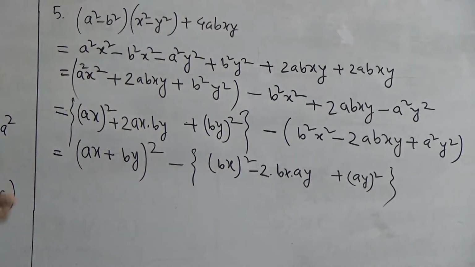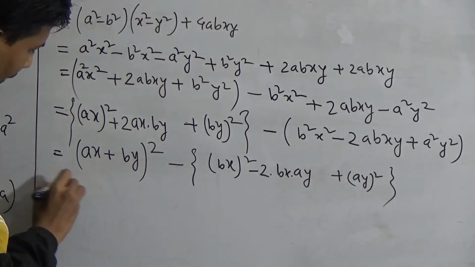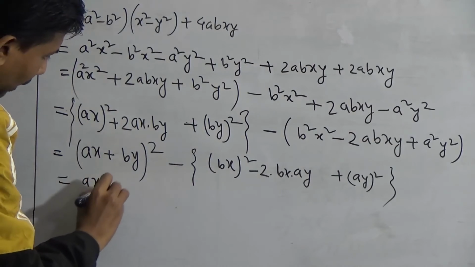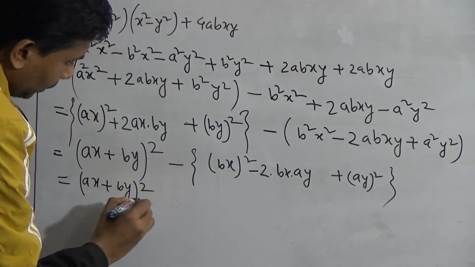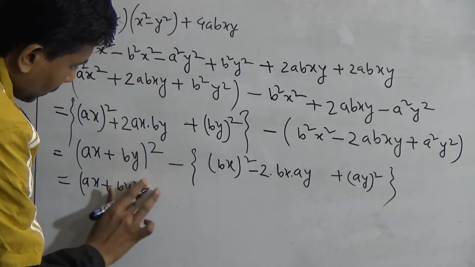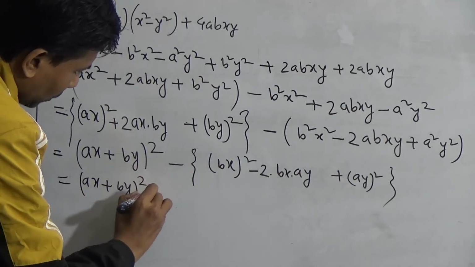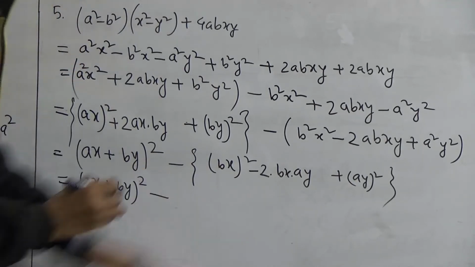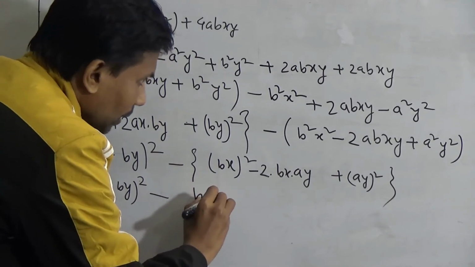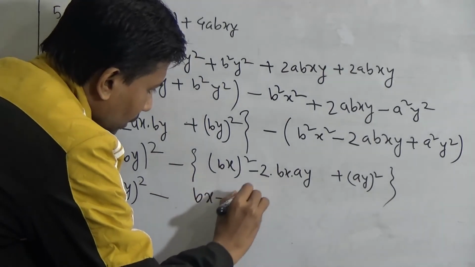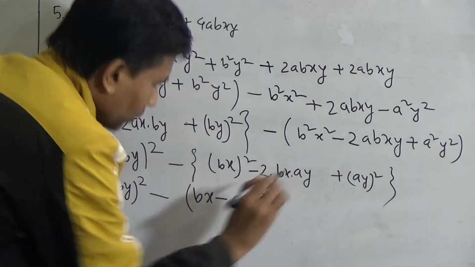Okay, now we have to write ax plus by, then whole square minus, write this formula, bx minus ay whole square.